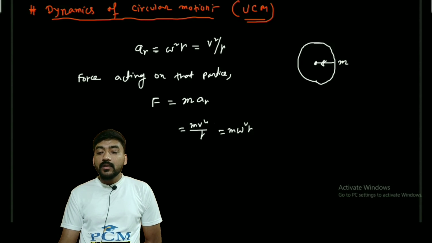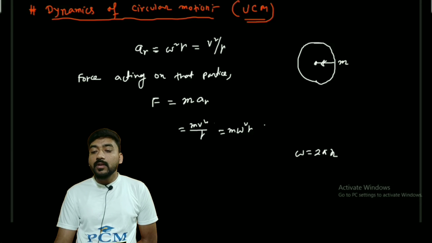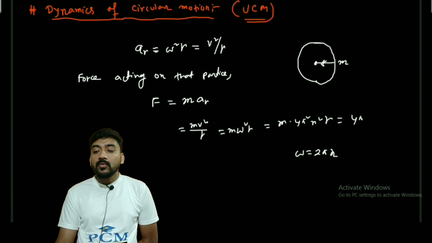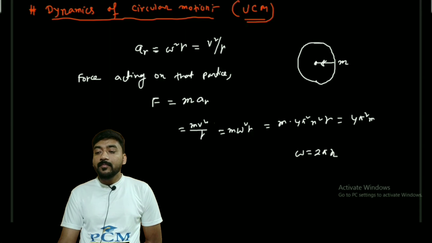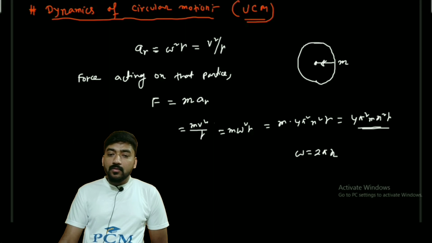Sometimes you can represent omega in terms of frequency, omega is equal to 2 pi n, then it will be m into 4 pi square n square into r, that means 4 pi square m n square r. Sometimes you can write it like this also.